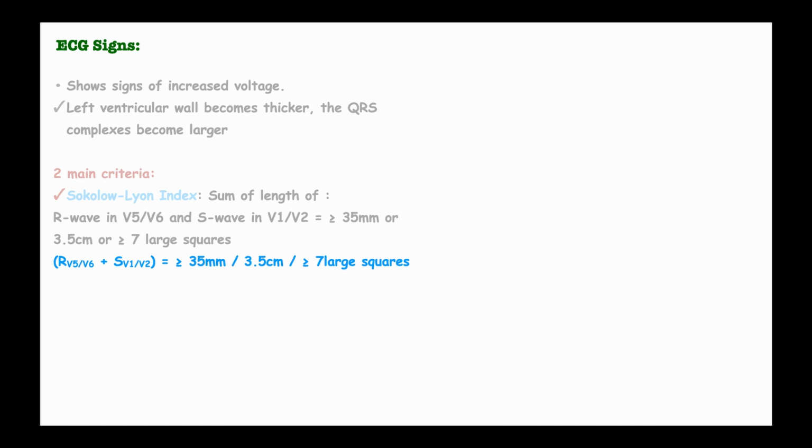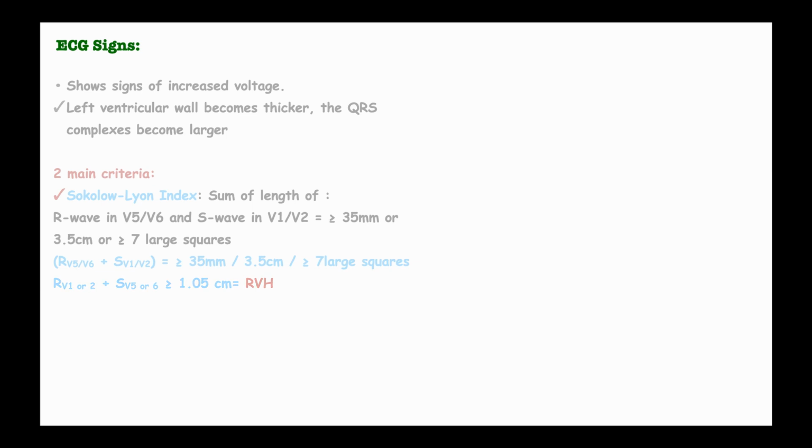possible. Now, when we measure R wave in V1 or V2 plus S wave in V5 or V6, and we get a recording of more than or equal to 1.05 centimeters, then we say there is right ventricular hypertrophy.